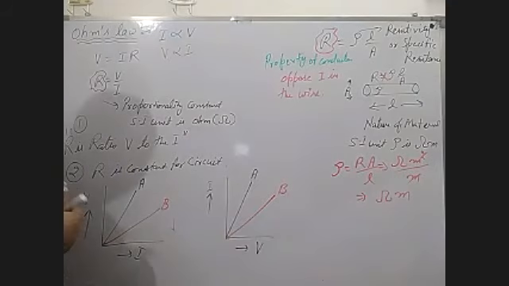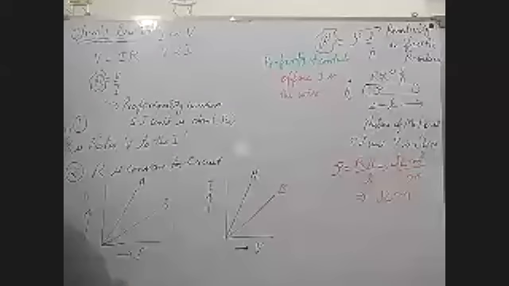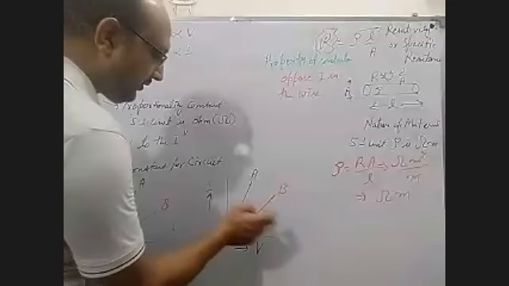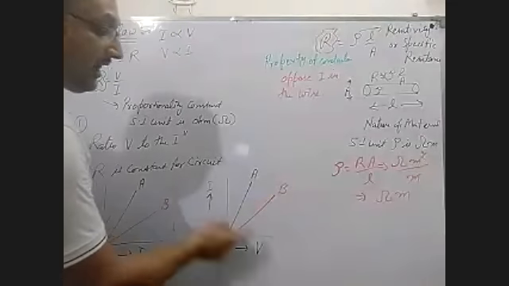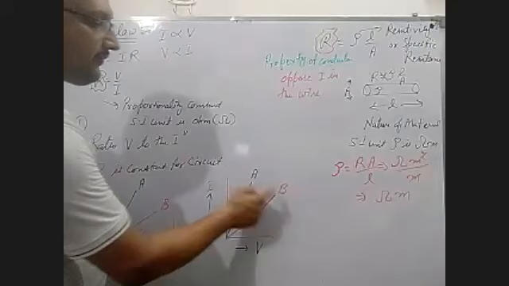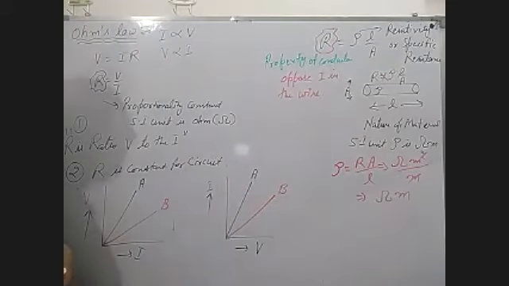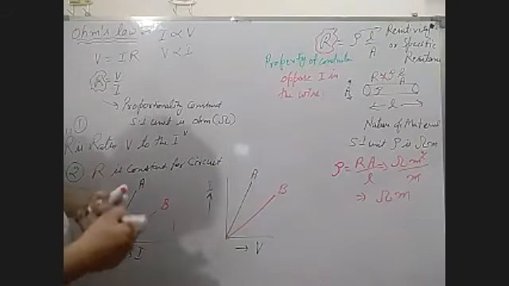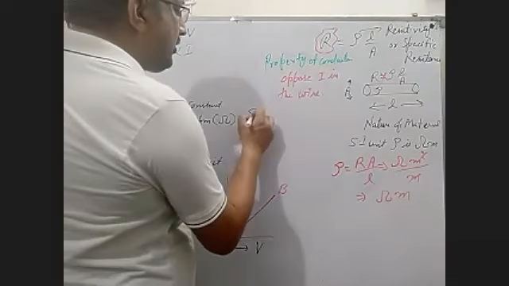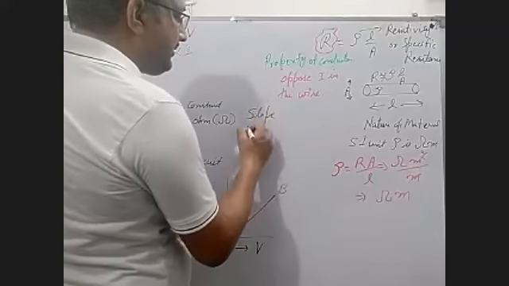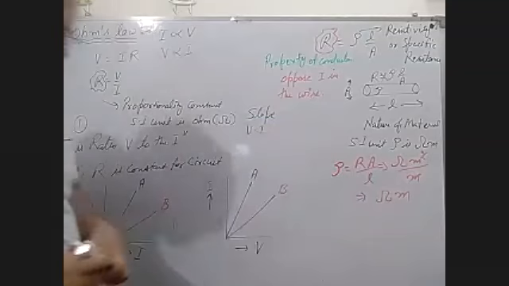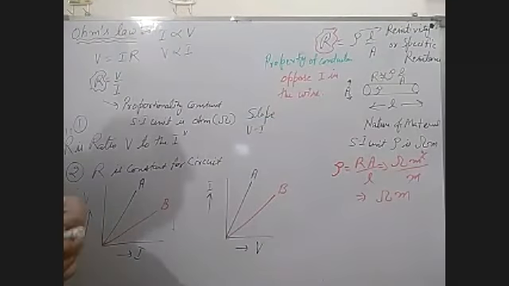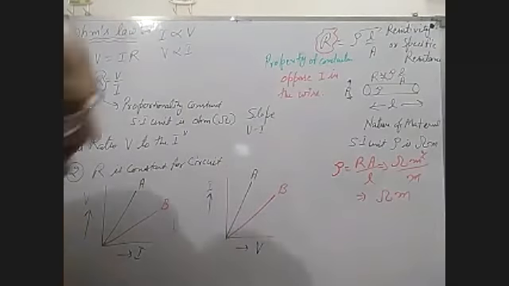My question is: in A and B, which one is greater, resistance A or resistance B, in the VI graph? And also, in the IV graph, which value is greater, A or B? For this, you have to know about slope. In the first case, we are taking the slope of the VI graph.